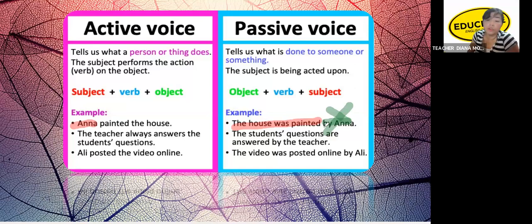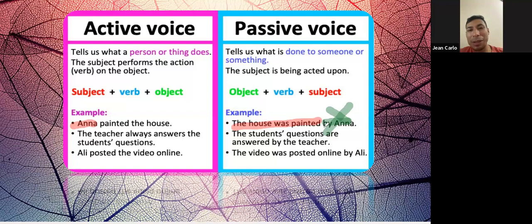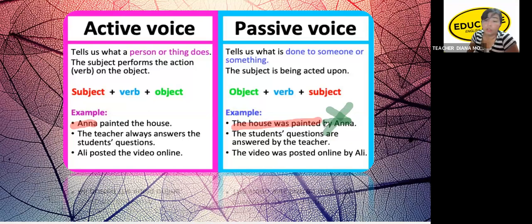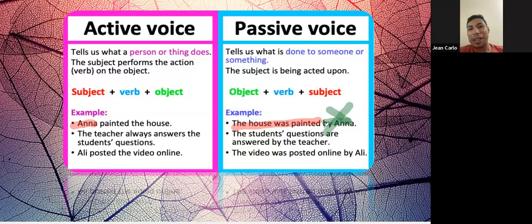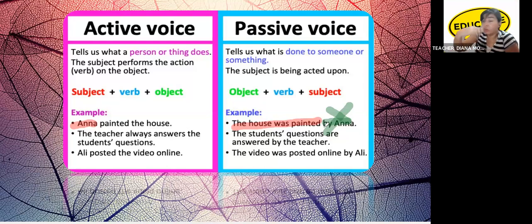If you want to mention who did the action, you use "by" and the person who does the action. If it is not required, it is not necessary. Yes, if you are going to mention the person who does the action, it is necessary. But what is not necessary is to use "by" and the person.